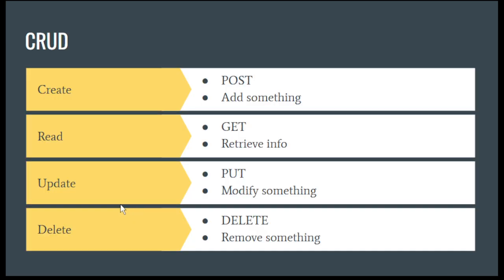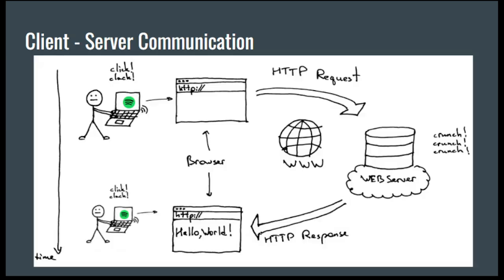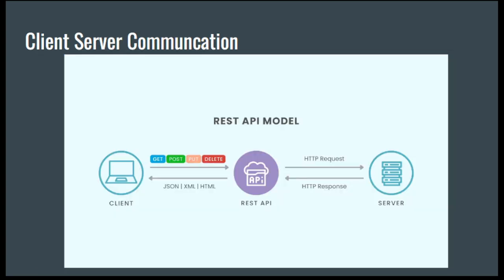So remember we talked about HTTP request methods, those four: put, post, get, delete. A good way to remember that is the acronym CRUD, right? This is the actual way that information goes through the API.